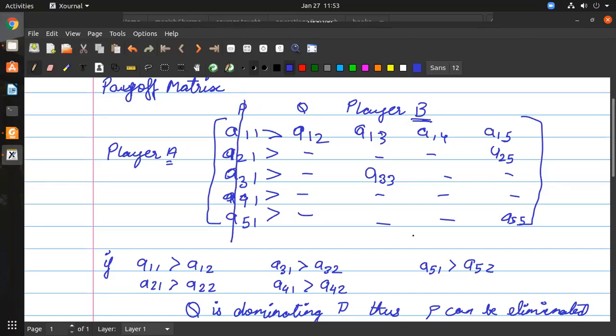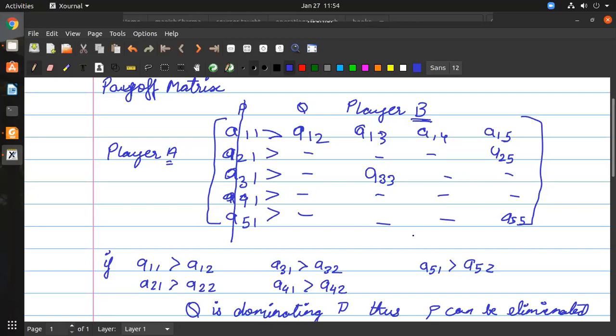Is it understood? Any doubts? Please respond. It is just like the reverse. Why is it reversed? Because player A was the winner, but here player B is the loser.